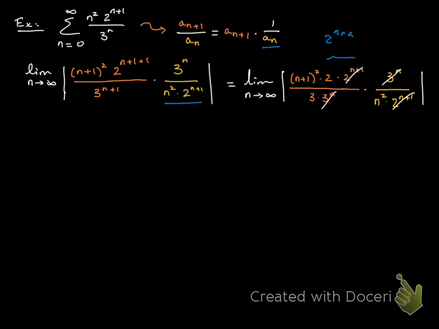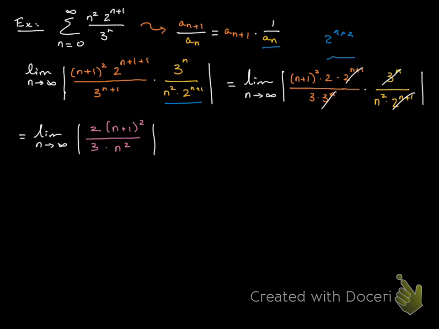I'm just going to try to collect what's left. In the numerator, I have 2 times n plus 1 squared. Sorry, I almost said factorial. And in the denominator, I have 3 times n squared. Cool. So a couple things here. That's going to be a completely positive expression because the numerator has a squared piece, the denominator has a squared piece, and the 2 and the 3 don't make anything negative at any point.